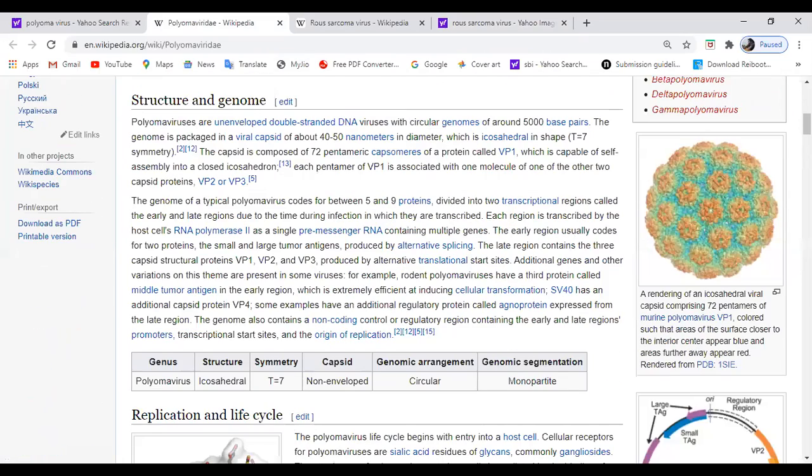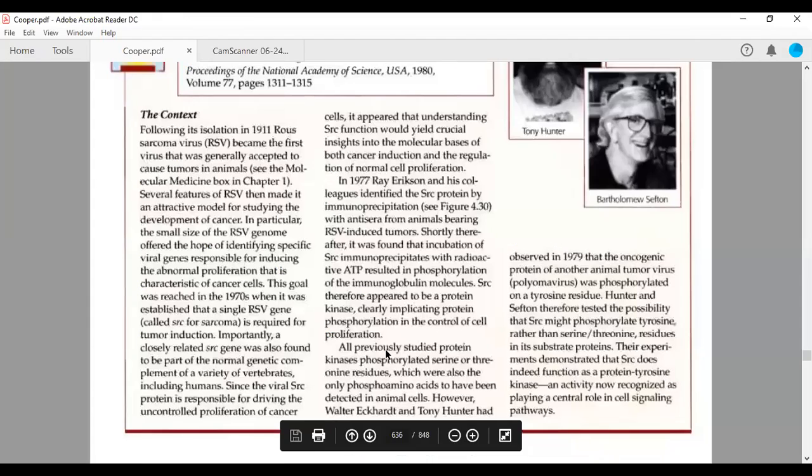Tony Hunter and the other scientist, Eckhart, were actually working on this polyoma virus. And from this polyoma virus, they got an idea that it is possible that the same thing can happen in the Rous sarcoma virus also.